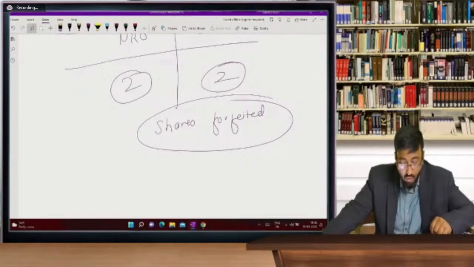So I'm taking only first correct answer. Shares forfeited by NRO or SRO. Harshada Korekar, you are answering very late. Still not getting the answer from NRO and SRO.